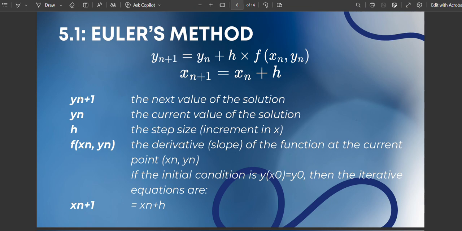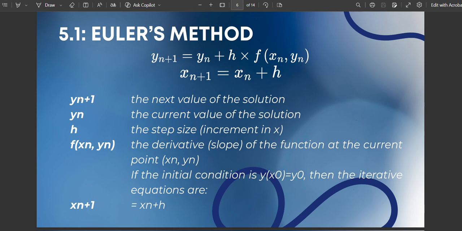It is the next value of the solution, and y sub n is the current value of the solution, h is the increment or the step size in x, and f of x sub n and y sub n is the derivative or slope of the function at the current point x sub n and y sub n. And if the initial condition is x sub 0 and y sub 0, then the iterative equations are x sub n plus 1 equals x sub n plus h.